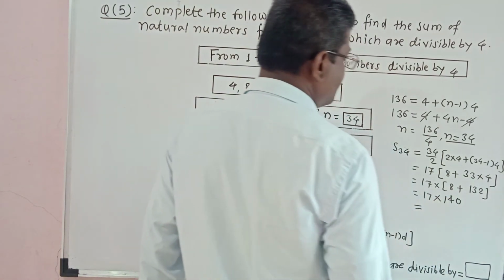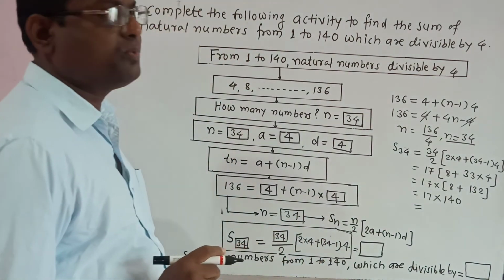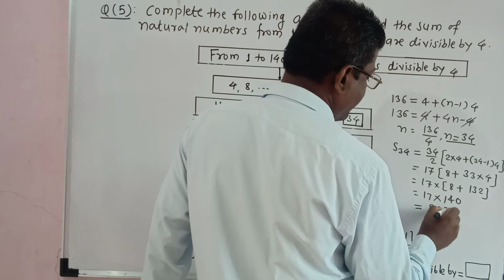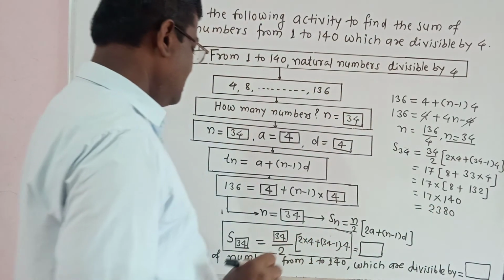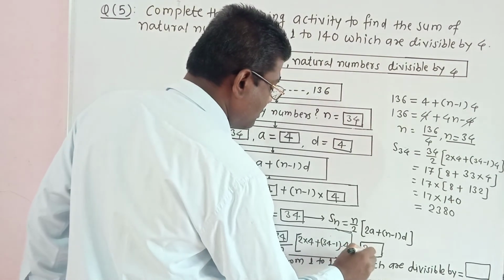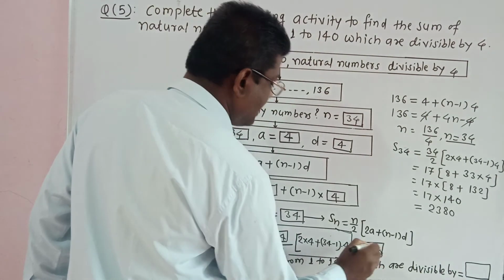Therefore 17 into 140, if we multiply, then we will get 2380. So the answer of this bracket will be 2380.